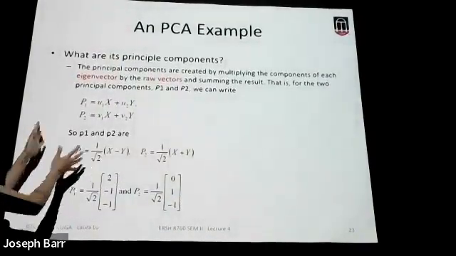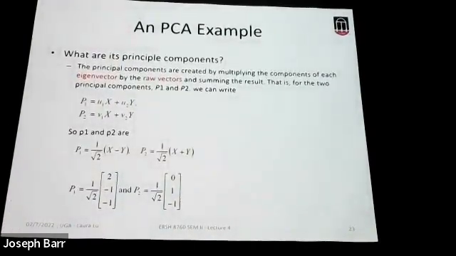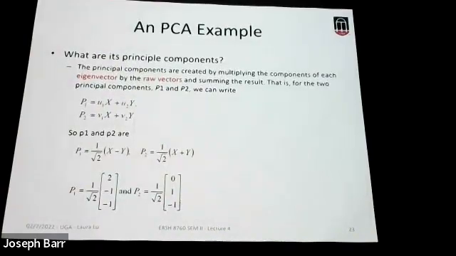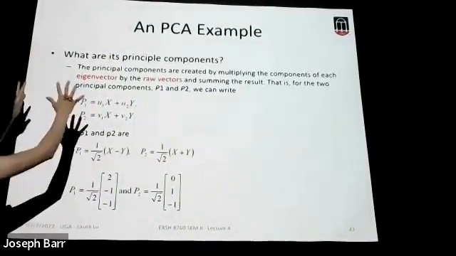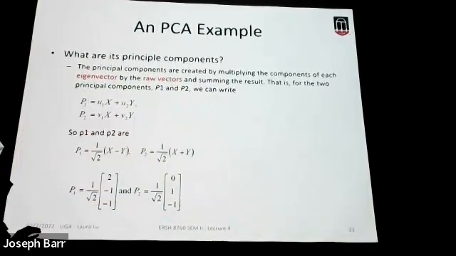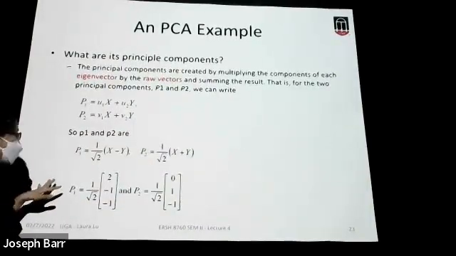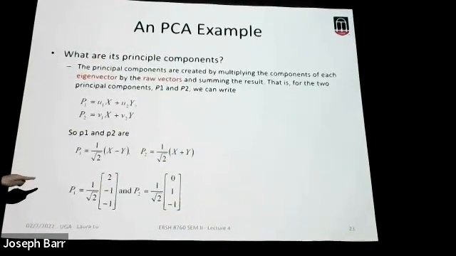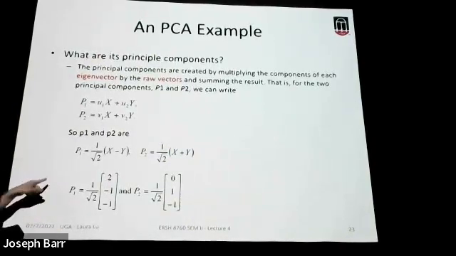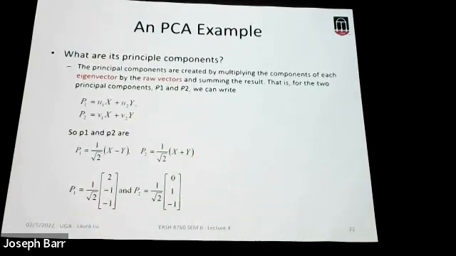This is just a very simple example. If you have large dimensions, people doing PCA just get the first component, second component this way, okay? But this is not the end of the story. We're going to reverse back. X and y are a combination of P1 and P2.